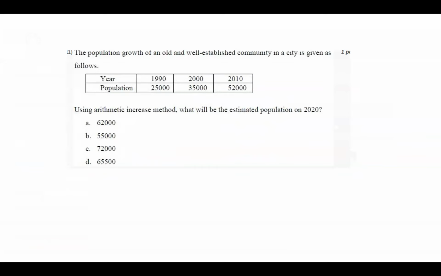Using the arithmetic increase method, what will be the estimated population in 2020? Write this question and calculate the increment values, then take the mean value and put it into the equation.